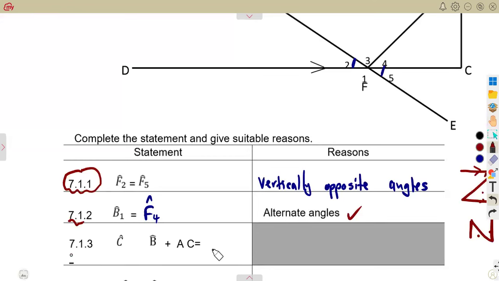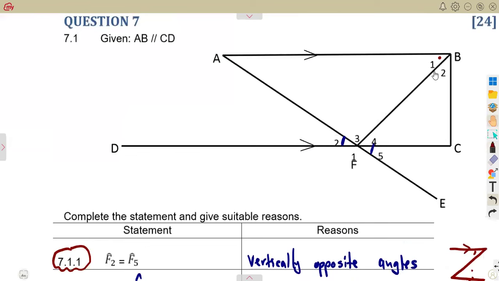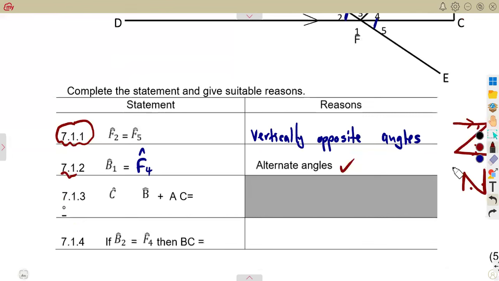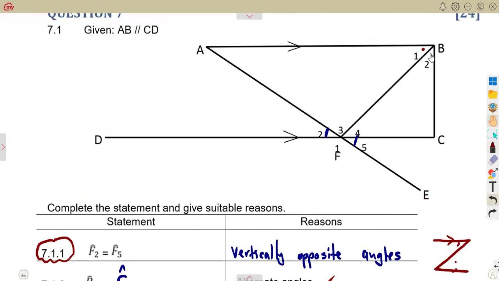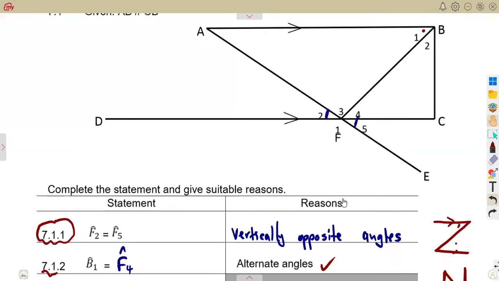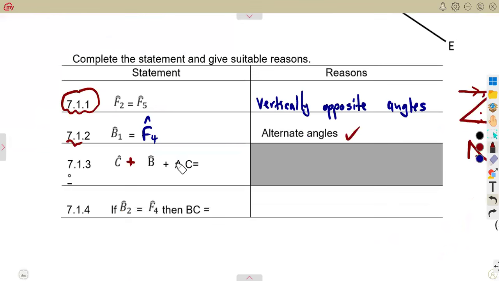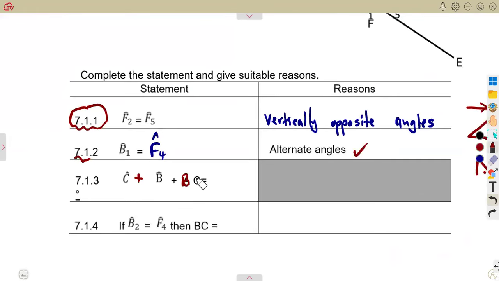This was supposed to be BAC, angle B and angle C. Let me just correct this one for you. It was supposed to come back to this point, not this one at A. It was supposed to be BFC. This one was just a total mistake here.